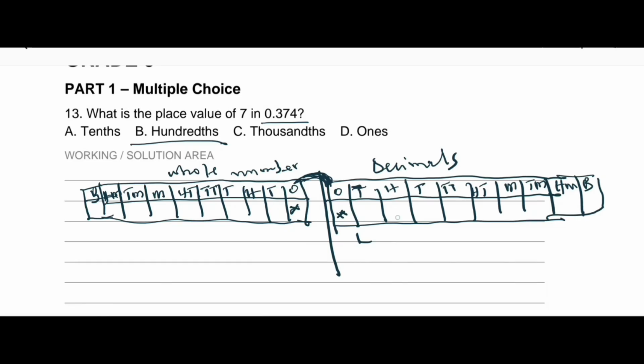It will be hundreds, because when you are writing the number, you write it like this: 0.3, the 3 is in the tens column, 7 is in the hundreds column, 4 is in the thousands column. Do you see it? So the place value of 7 in the decimal number 0.374 is hundreds. Do you understand?